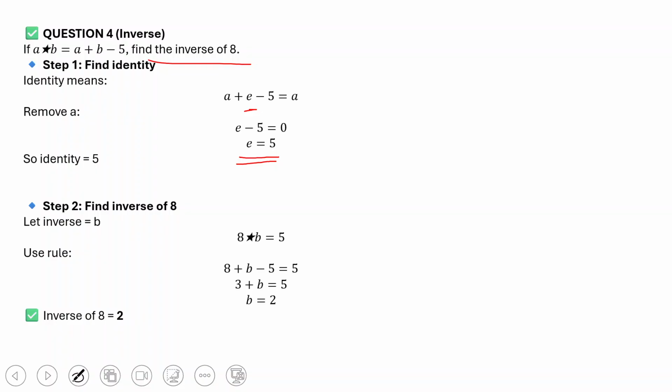To get the inverse, we'll compute this. 8 minus 5 will give me 3, and I have 5 here. So by the time b is isolated in the formula, b is equal to 2. So the inverse of 8 in this operation is 2.